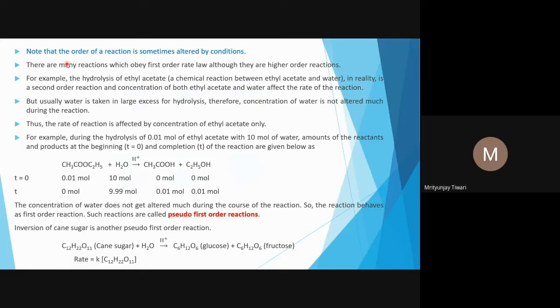Now you should remember that the order of a reaction is sometimes altered by the conditions. Altered by the conditions means what? If you remember, I have said earlier, if you increase the concentration of one of the reactants which was initially very important and determines the rate of the reaction, but if you keep its concentration too high, then a slight change in its concentration, decrease or increase, doesn't affect the rate of the reaction, and such reactions are called pseudo order reactions.